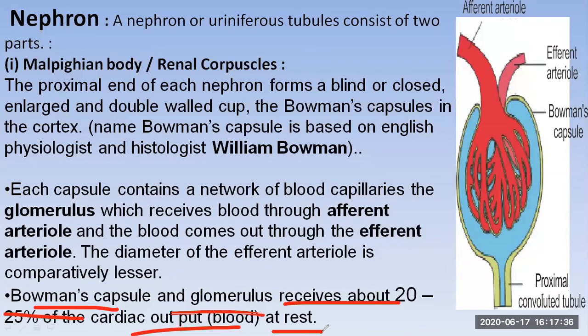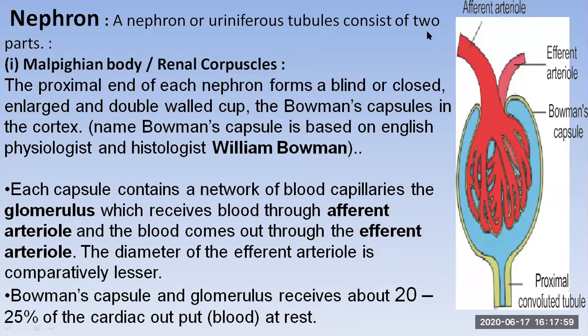There is a formula for it, which we will discuss later in the chapter on body fluids and circulation. So you should know that the Bowman capsule and glomerulus receive about 20 to 25% of the cardiac output at rest. This is the basic function of the Bowman capsule.